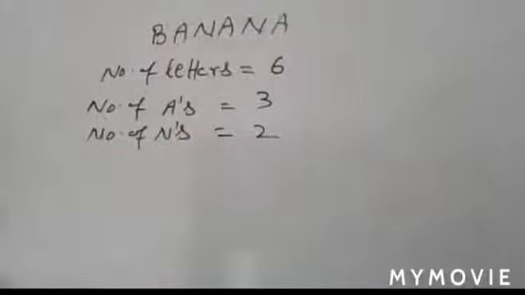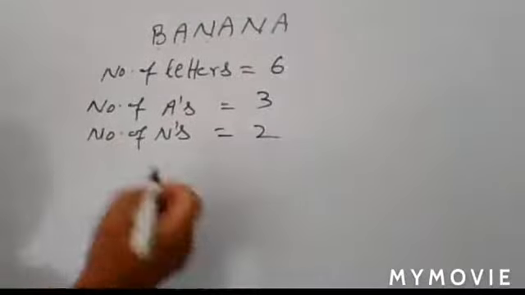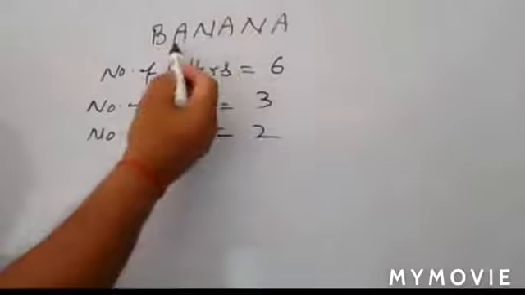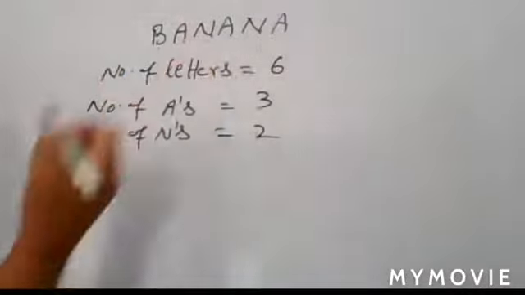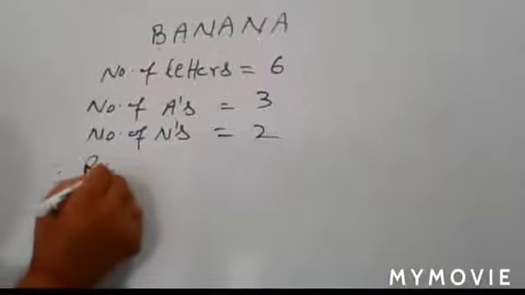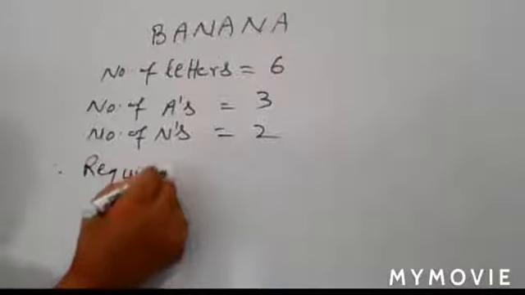You have to count only the letters which are repeated and mention their names also. So 3 A's and 2 N's, and B is only once.